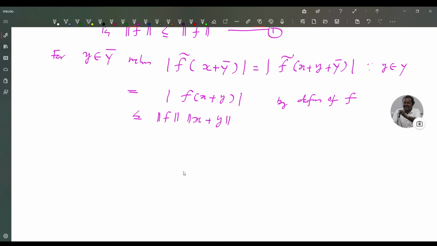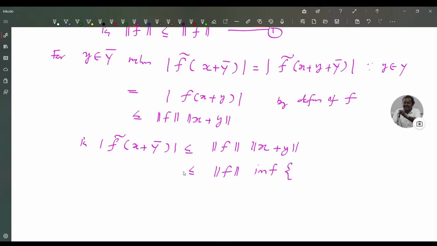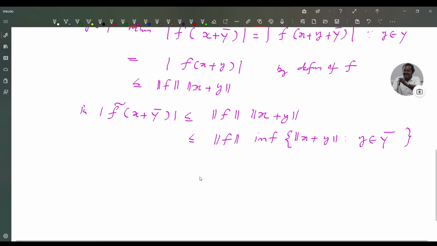So since this is true for x and y, for y in Y closure, that is, modulus of f tilde of x plus Y closure is less than or equal to norm f into norm of x plus y. It will be less than or equal to norm f into the infimum of all norm x plus y such that y belongs to Y closure. So this is equal to norm f into the quotient norm of x plus Y closure.